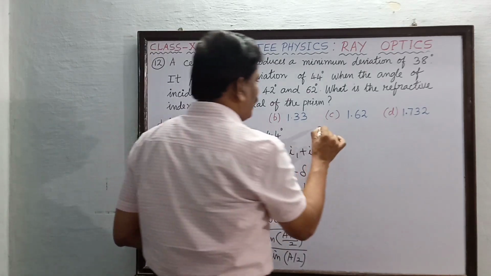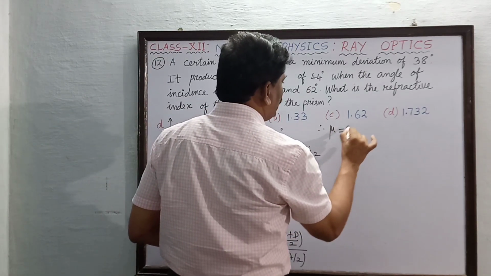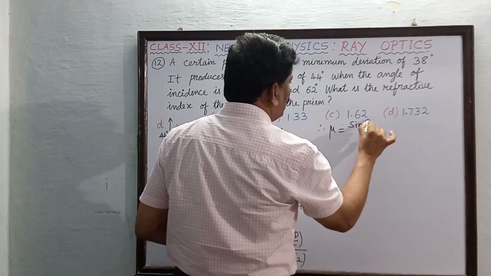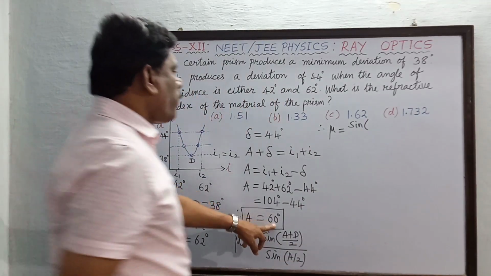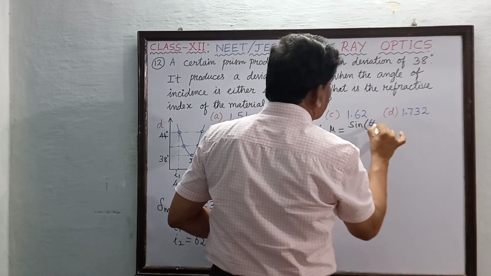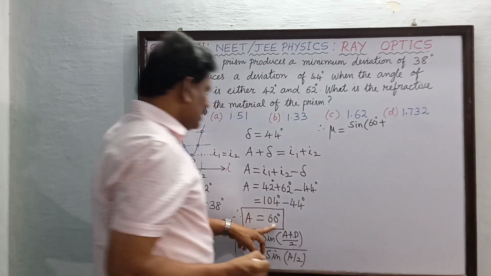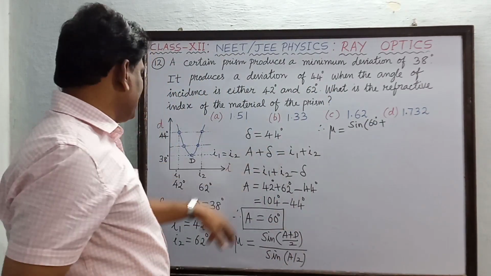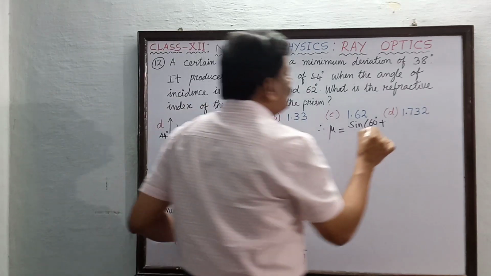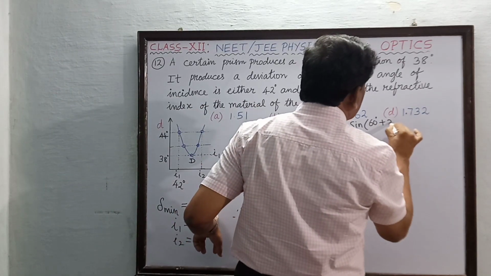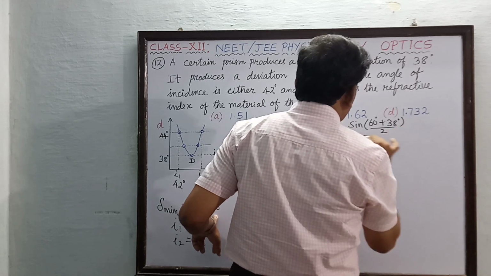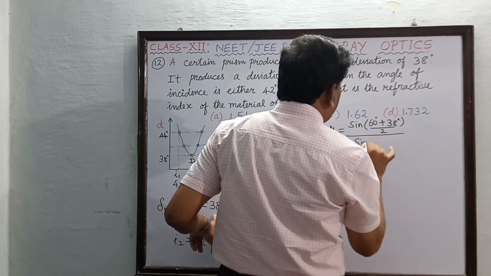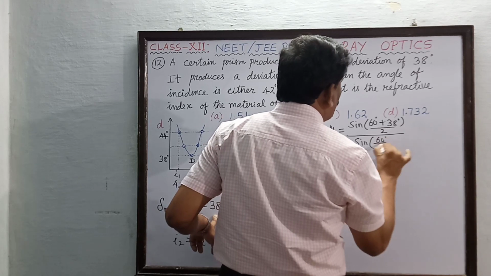Substituting these two, mu is equal to sine of (60 plus 38) divided by 2, whole divided by sine of 60 by 2.